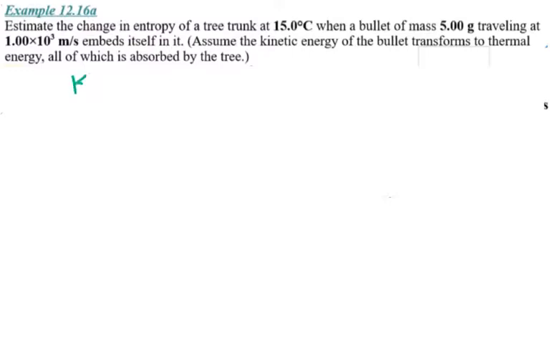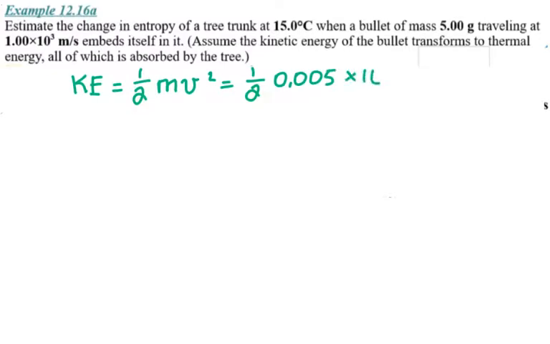The kinetic energy is 1/2 mv squared. So I have 1/2, 5 grams is 0.005 kilograms, and the velocity is 10 to the third, squared. So the kinetic energy is equal to 2,500 joules.